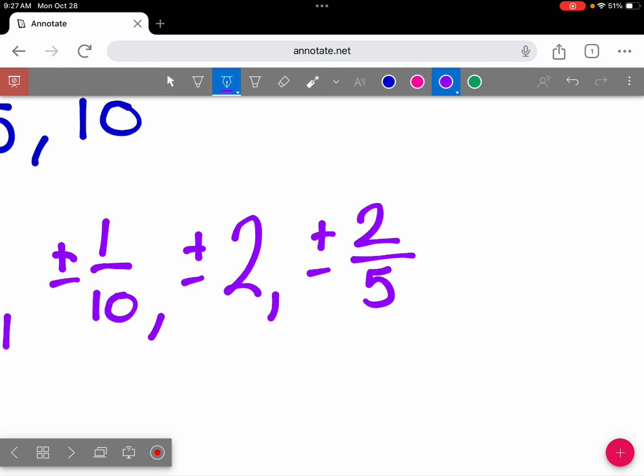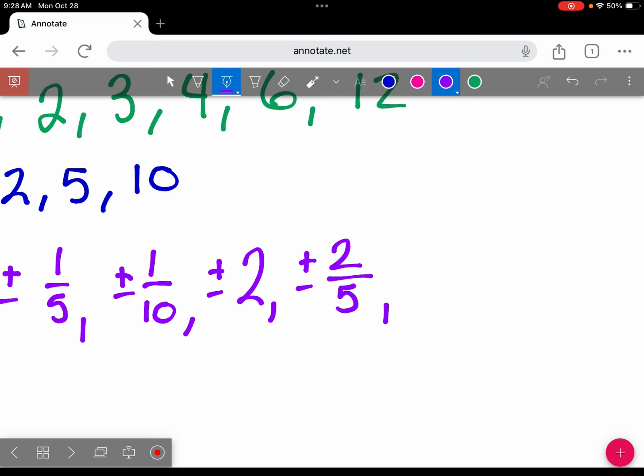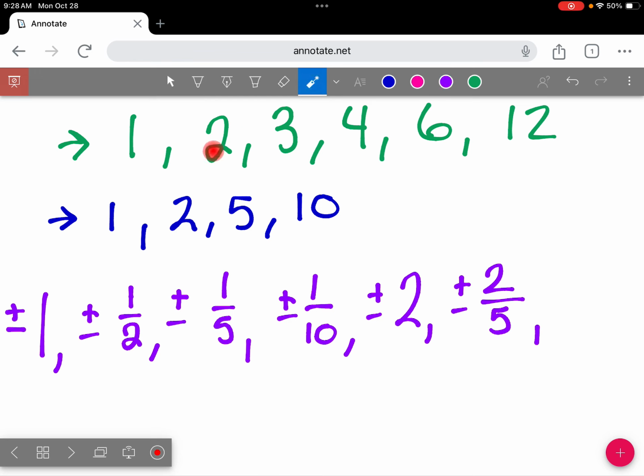And 2 over 10, which is 1/5, we already have in the list, so I don't actually have to write anything new down. So some of them will repeat, and that's okay. So that used this 2 with all of these denominators.